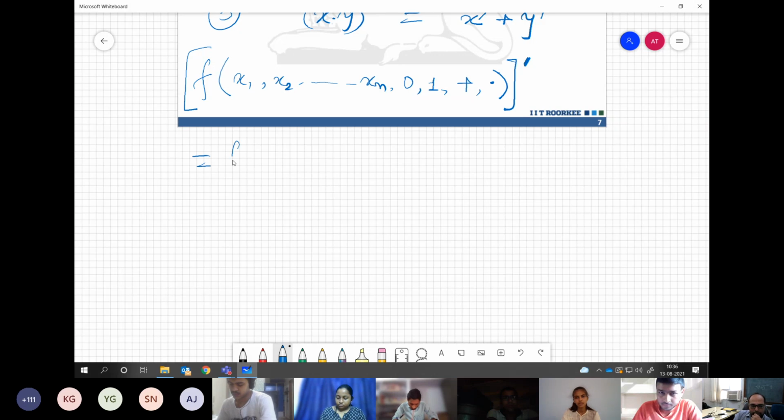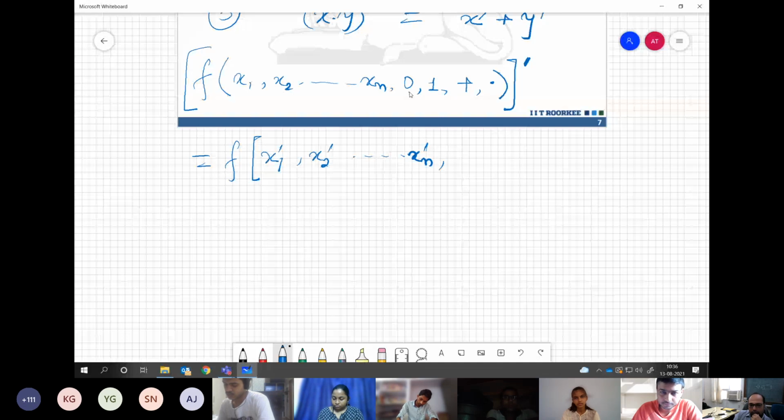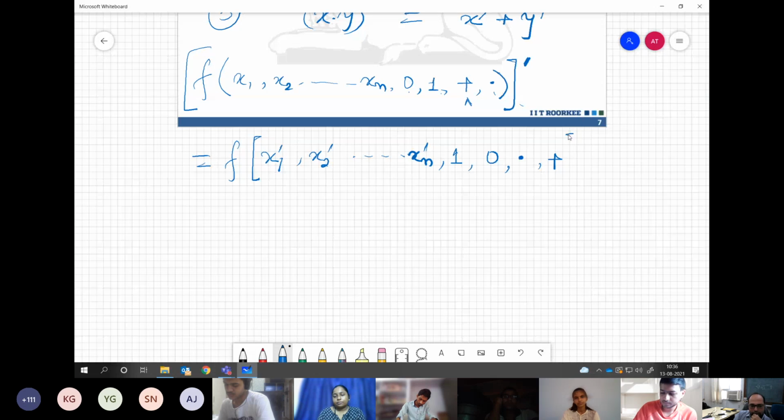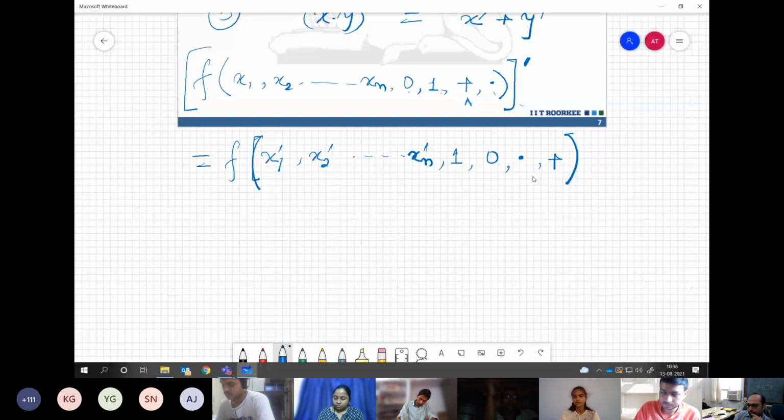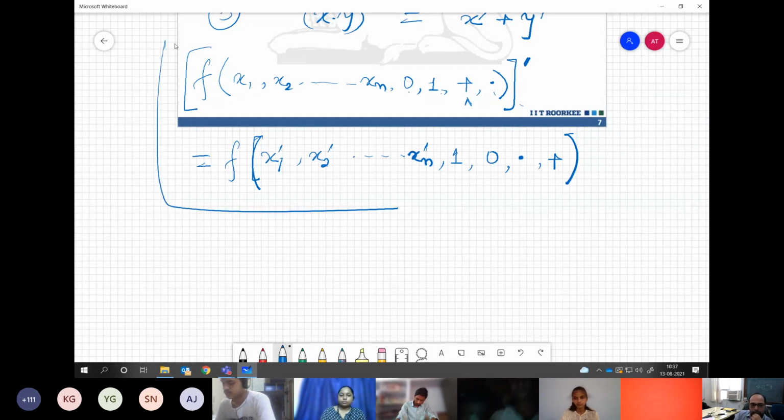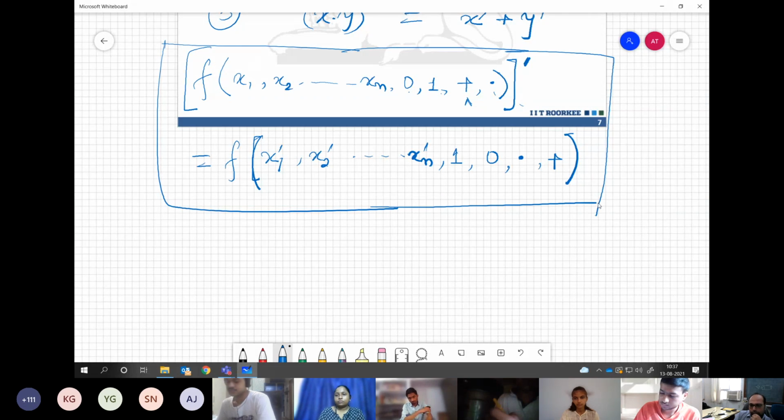Then it is the same as if you take the complement of each variable, invert, which means take 0's complement 1, 1's complement 0, dual of plus is dot and dual of dot is plus. So exactly replace each element with its dual. Understanding my point? So for any n variable system also, this principle is true. Fine?